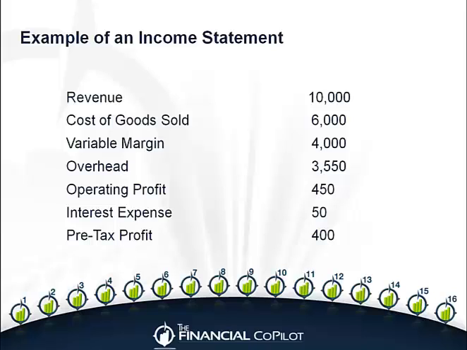So in this particular instance, the business efficiency of the sales over the delivery of goods or services sold was $4,000 or 40%. Then when you interacted with the overhead expenses of the business, we got down to an operating profit of about $450.